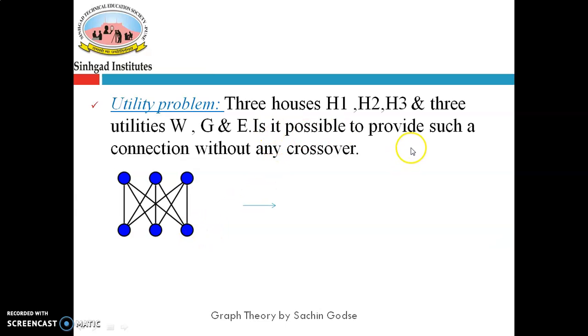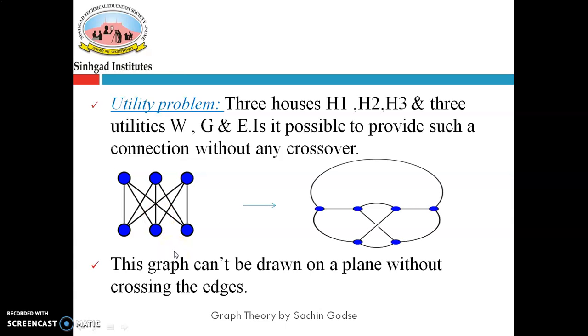Is it possible to provide such connections without any crossover? They said there should not be any crossover between these three services. We can check this problem by the planar graph theorem. This graph can't be drawn on the plane without crossing edges.